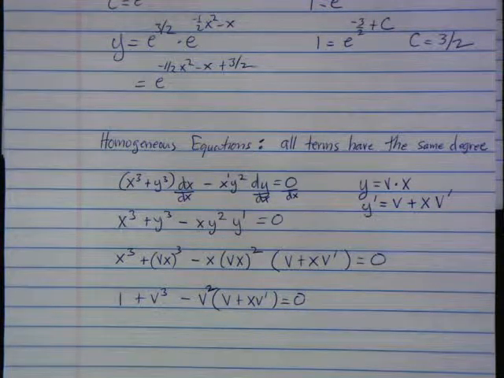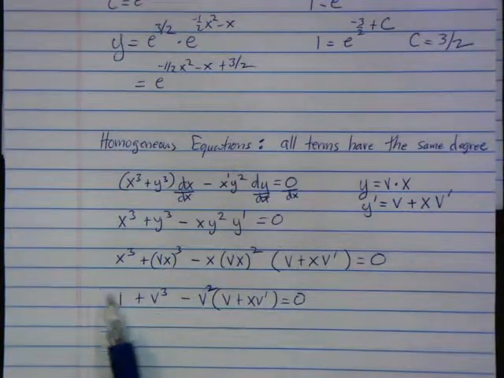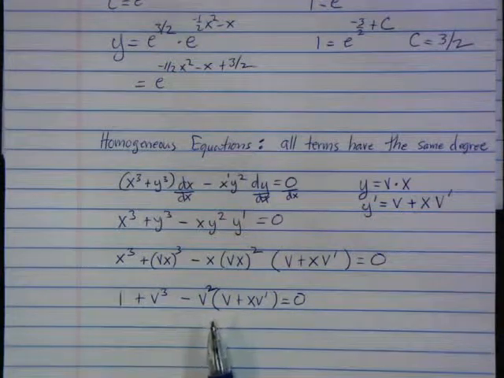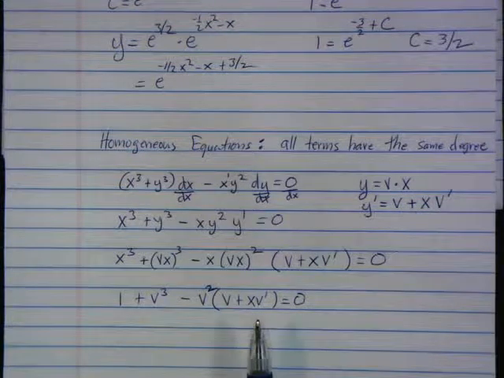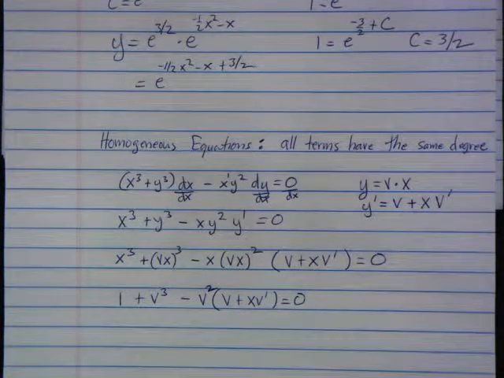If I have done everything correctly, this new equation that I have will be separable. So at this point, I should be able to get all the v's on one side and get all the x's on the other. So I got to do a bunch of algebra here. Any suggestions on how to get all the v's on one side and get all the x's on the other?